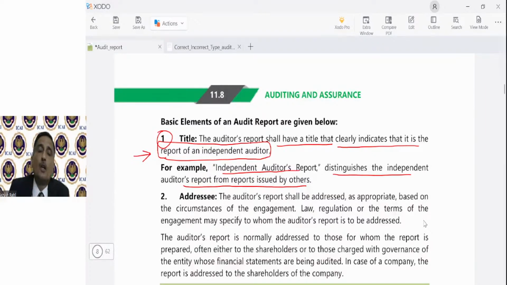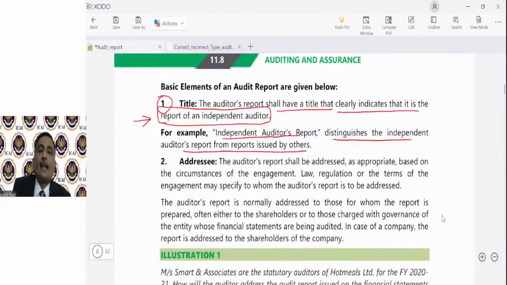I'll try to show you a practical audit report in our next session, so today you can have a basic understanding, and in the next session I'll show you the actual audit report of a company, and you will be glad to learn that whatever you are reading today, you will find all those things in the same headings, in the same format. Okay. So is that clear to you, Dinesh?